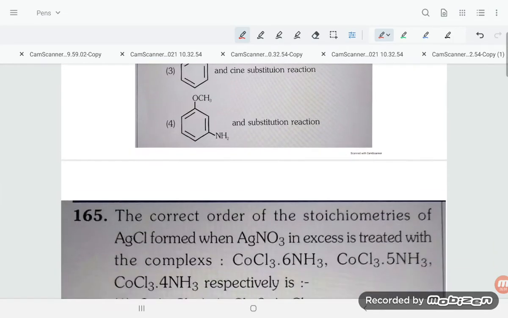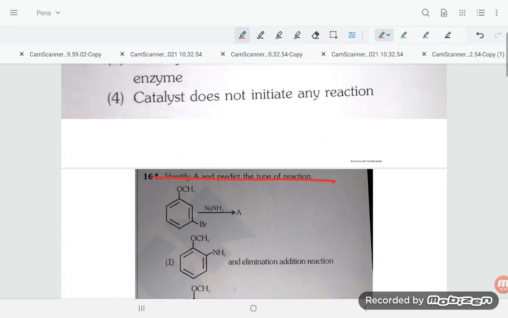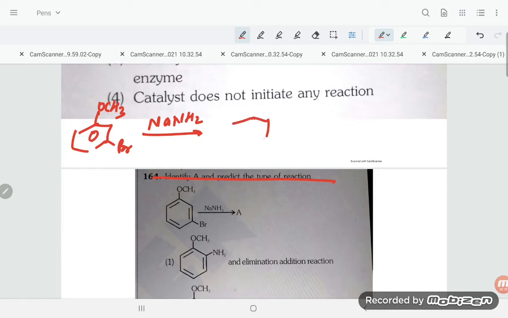Let us try to solve this problem, students. We have this compound: an aromatic ether with OCH3, and here is Br, reacting with NaNH2. The base will abstract a hydrogen, so a negative charge forms, and here is the elimination.